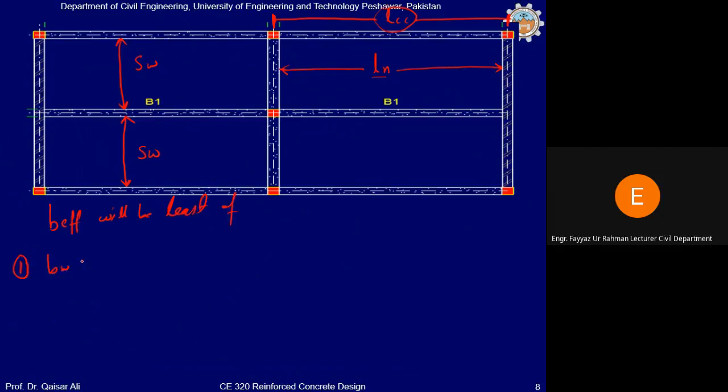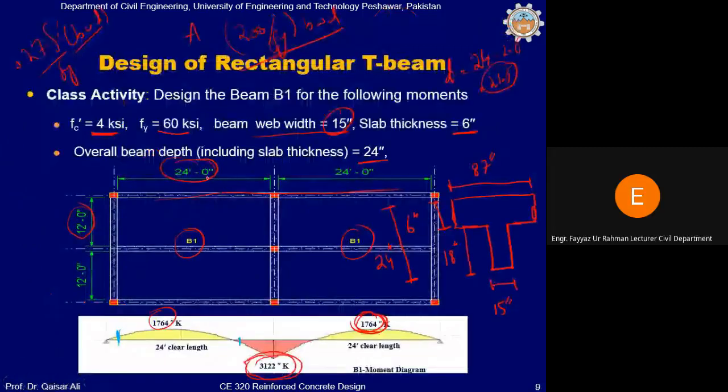Number one, BW plus 16HF, BW plus ln divided by 4, and number three, BW plus SW. अब इस केस में आप के पास ln कितना है? ln की वैल्यू कितनी है? यार यहाँ पर आप देखें ना, 24. 24 feet.